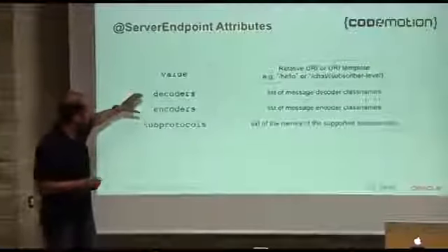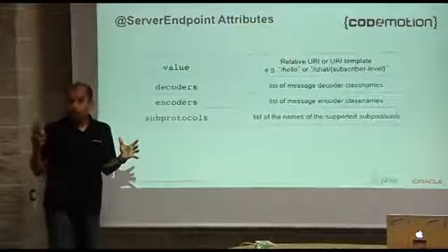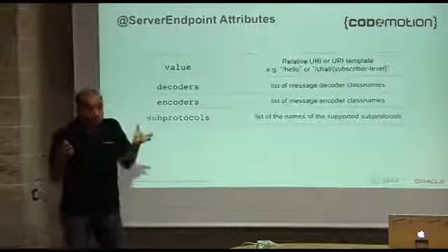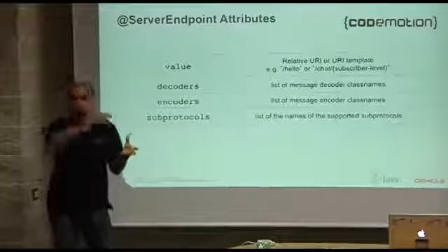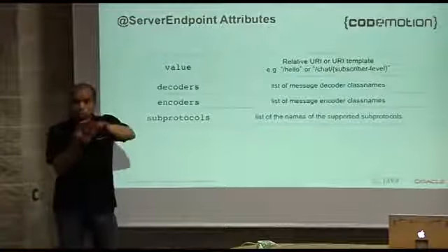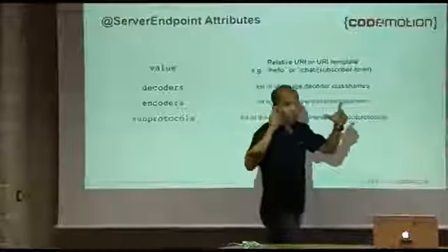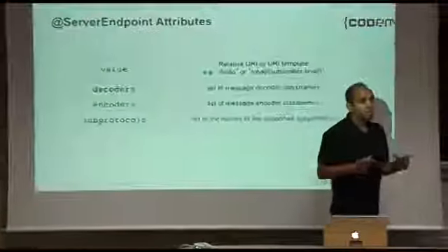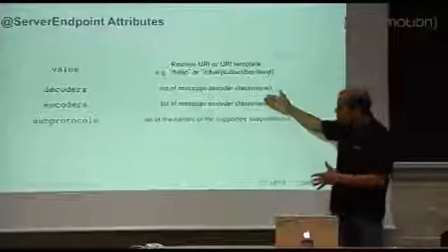So that's exactly the concept of encoders and decoders. The WebSocket API defines how you can define encoding from text and binary to your POJO, and vice versa, from your POJOs to text or binary. The idea is to follow the DRY pattern here: don't repeat yourself. You define those encoders and decoders once, and then you specify them as part of the annotation.